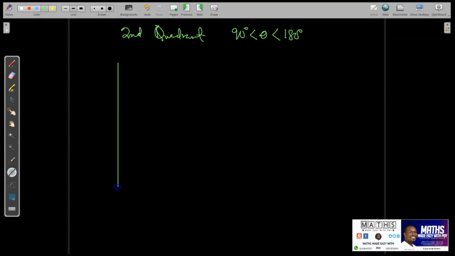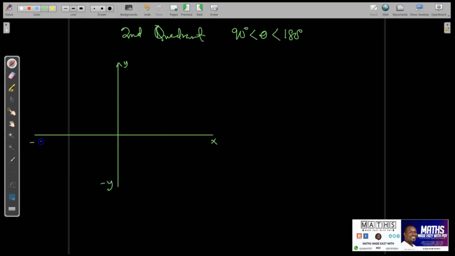So I'm in the second quadrant. In the second quadrant, we are looking at angles with theta greater than 90 degrees and less than 180 degrees. Does it make sense? So we are here. I have my y value here, positive, and my x value there, negative.